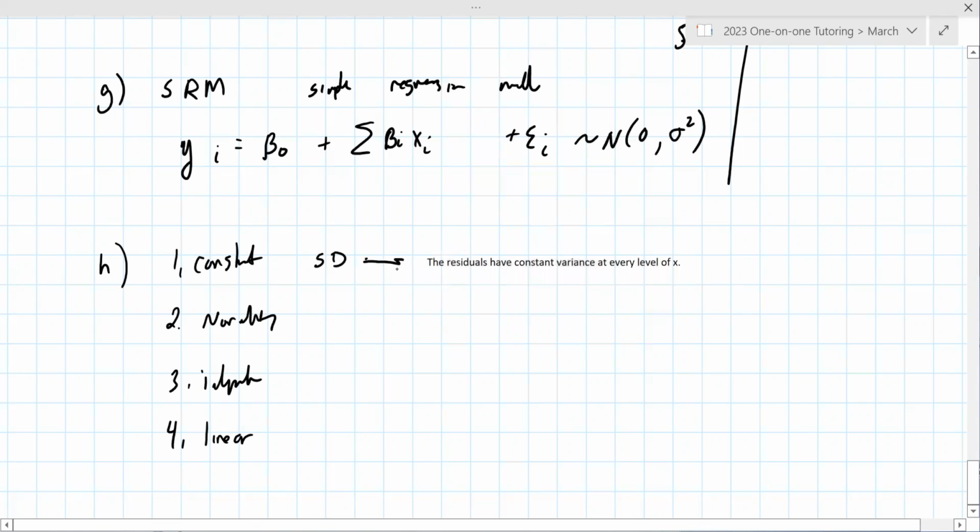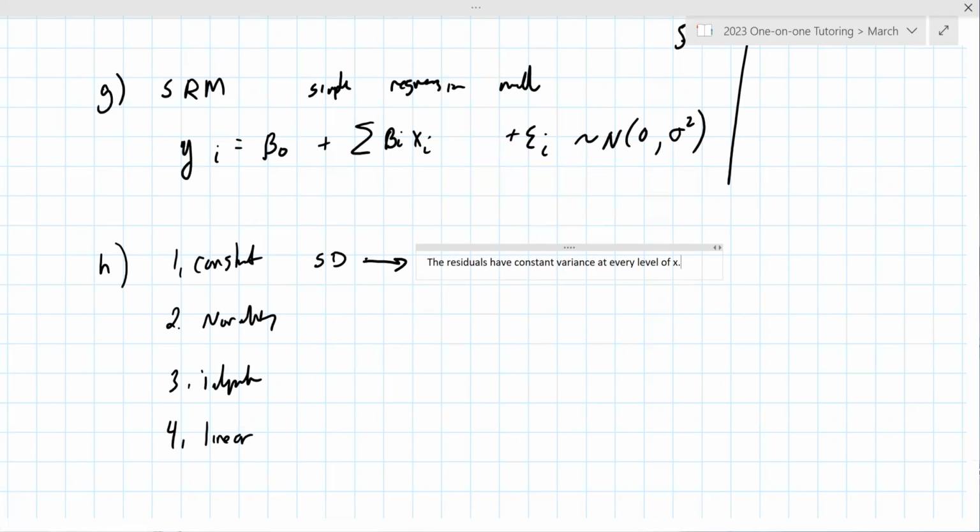The reference I'm seeing says the residuals have constant variance at every level of X. Would that constant refer to randomness, or is that just not an assumption that's needed here? To me, randomness is not the right word here.